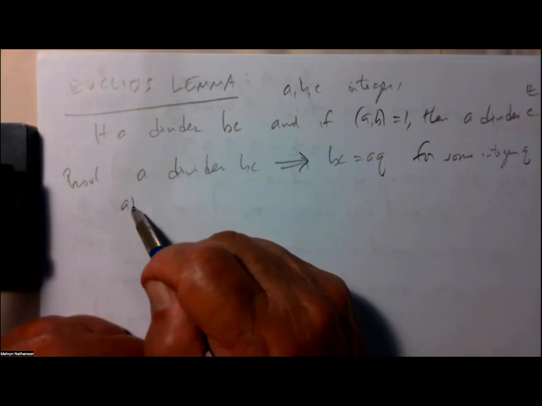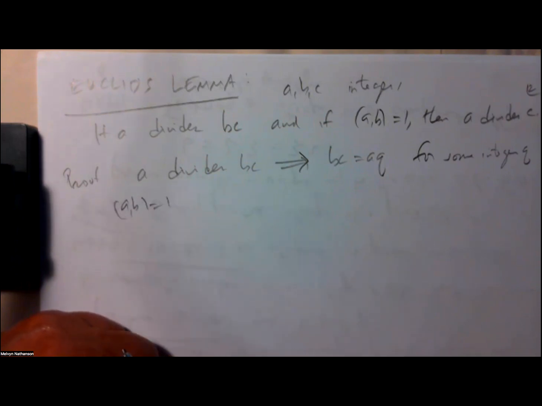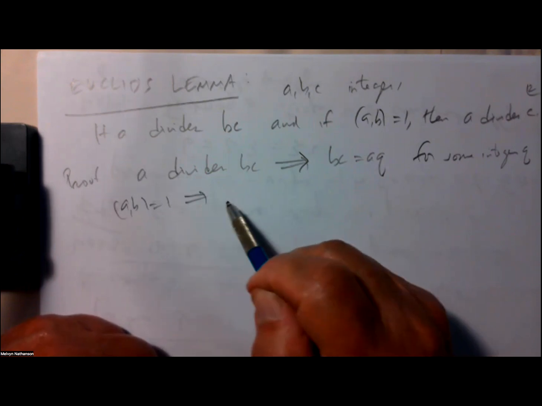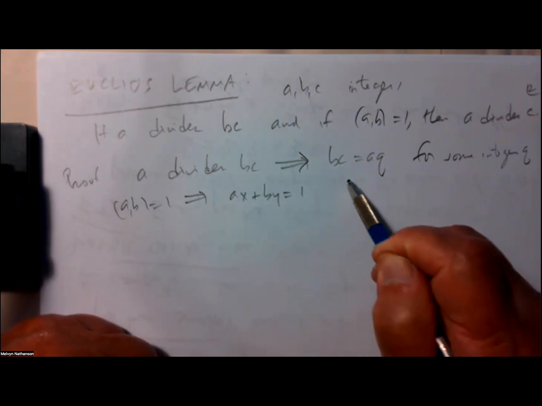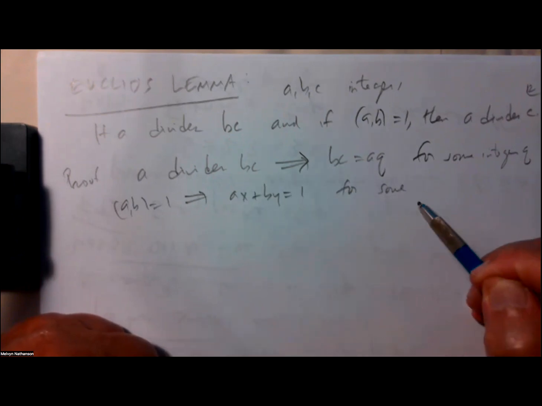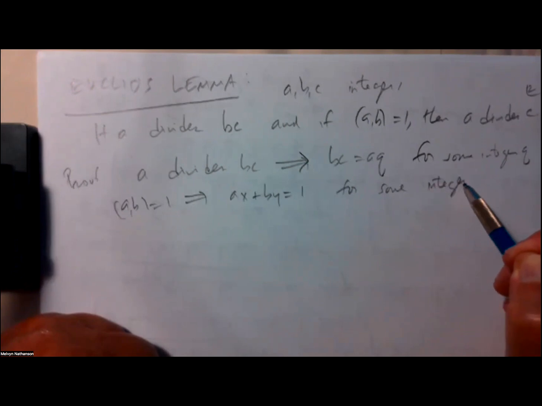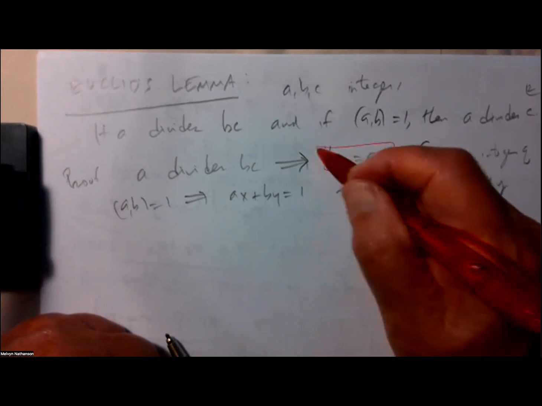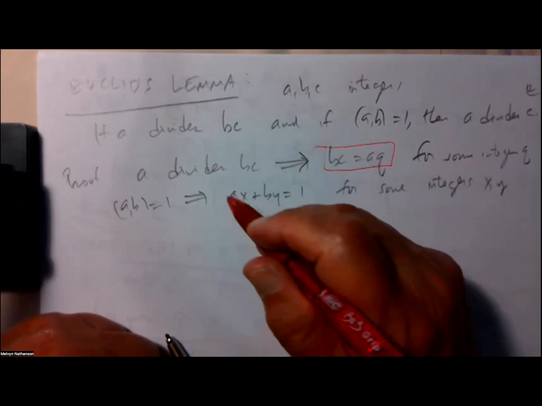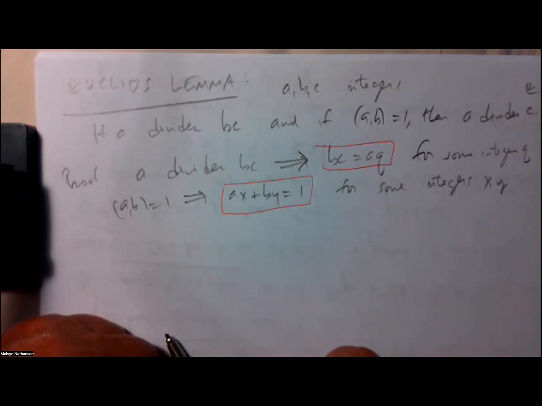And A, B relatively prime, the greatest common divisor of A and B is 1, means that AX plus BY equals 1 for some integers X and Y. So I have these two relations. This says A divides BC. This says A and B are relatively prime.